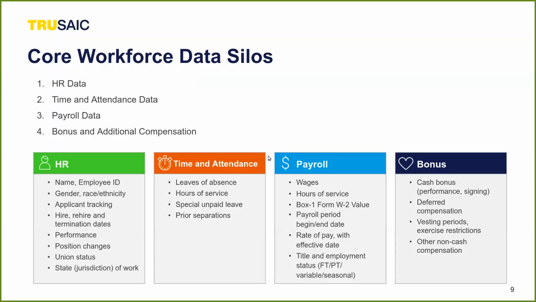So, for instance, there's data that's particular to the individual, such as their identification, their gender, their race. Then there's the whole applicant tracking information about who has applied, how those applicants proceeded and processed, what are the success rates for applicants of different genders, race, ethnicities. Same with retention and rehire and termination dates, keeping track of that at the employee level.